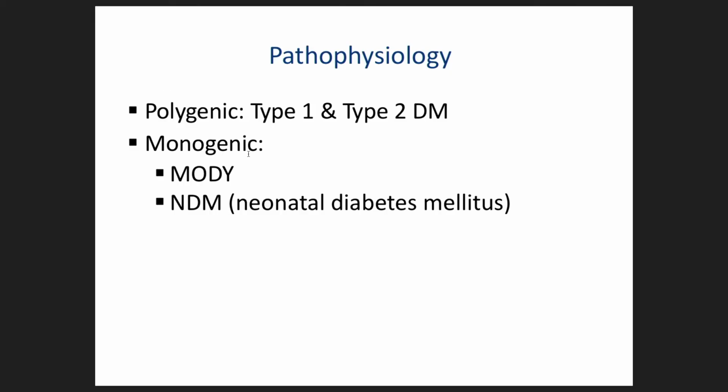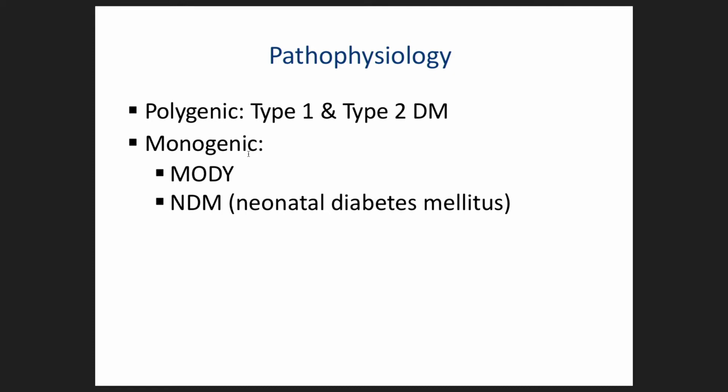So the person should have genetic susceptibility, but genetic susceptibility alone is not the reason. It should be combined with an environmental triggering factor, by the will of God. While monogenic disease means only pure inherited disease.